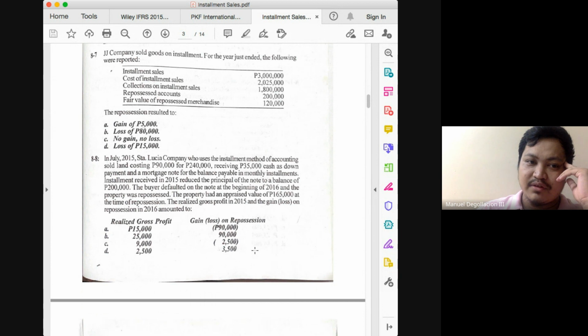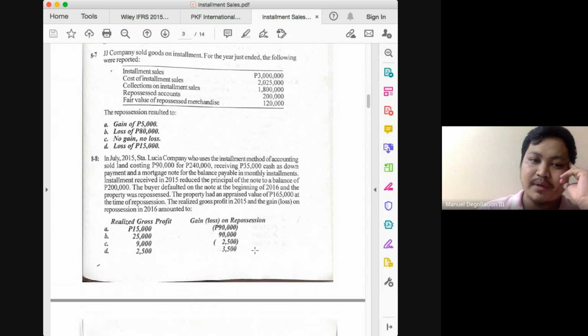And since after the collection in 2015, the remaining balance on the note is just 200, that means only 5,000 was collected on the note. Okay, so the 5,000 collection on the note plus the down payment of 35,000 means the total collection for 2015 is only 40,000. And you multiply 40,000 by 62.5%, that will already be our realized gross profit. Okay, and there's only one choice with 25,000, so the answer here should be letter B.